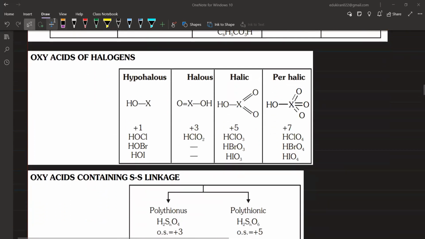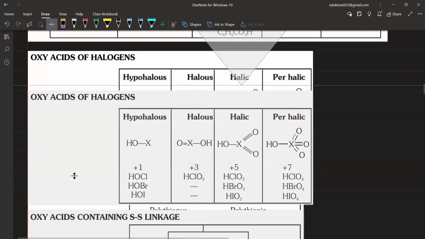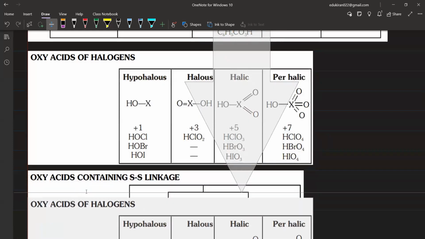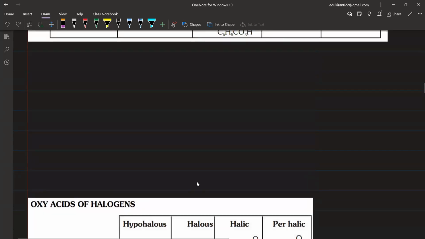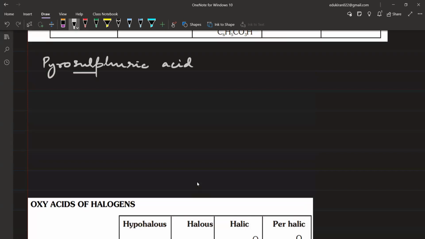यहाँ पे before I move that side, let me give you some example. For example, if you have pyrosulfuric acid, first of all, you need to know what is sulfuric acid. Sulfuric acid is H2SO4.